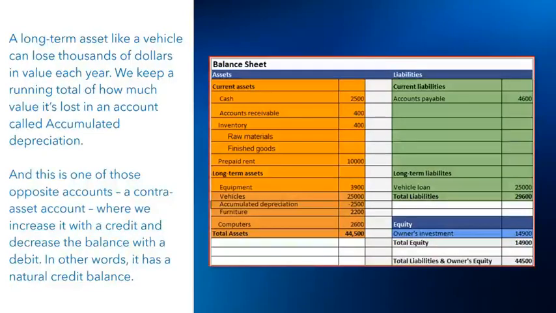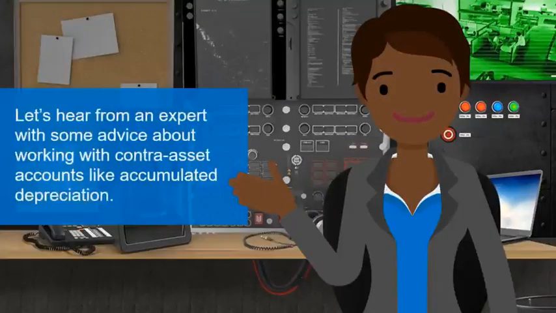For now, you can focus on it as a contra asset account example. Accumulated depreciation is used to offset an asset.